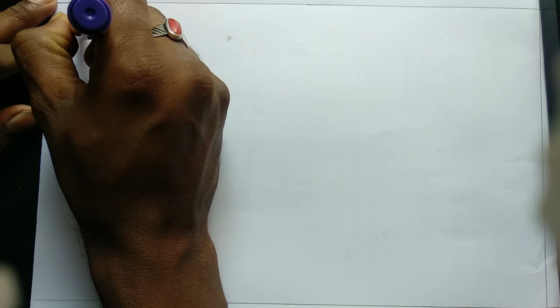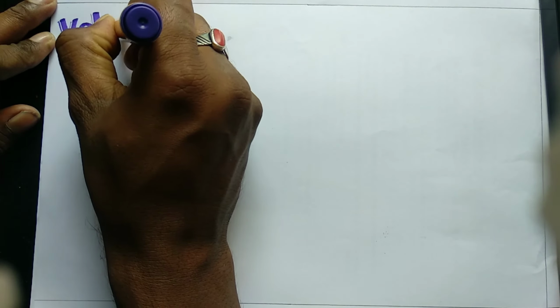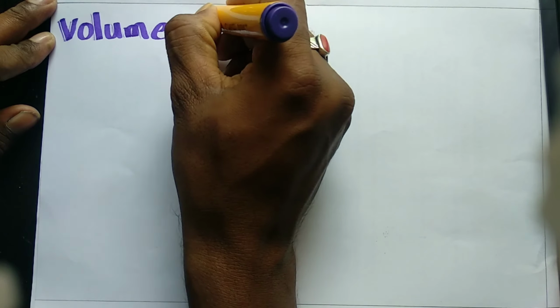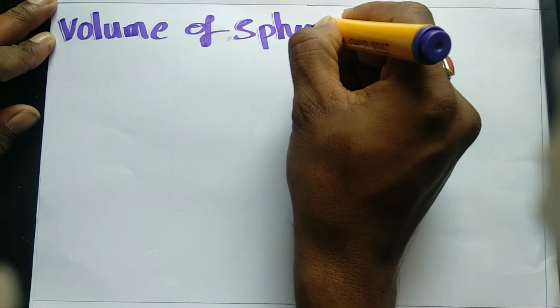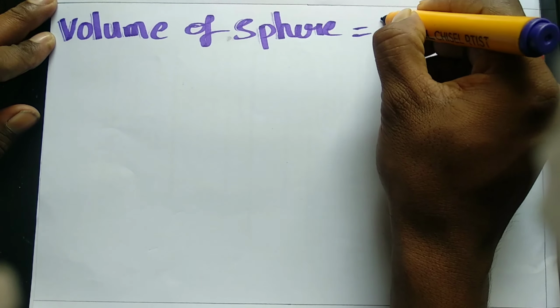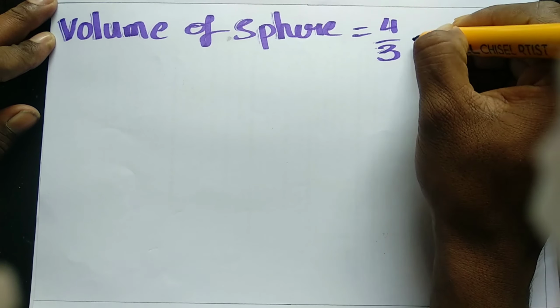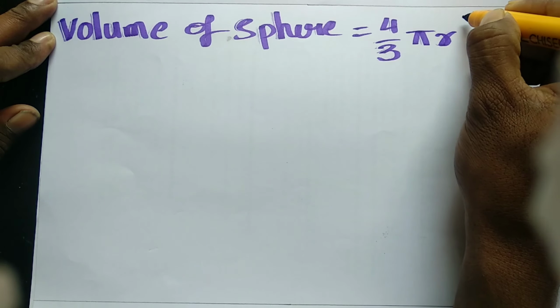So first, I am writing the formulas. Volume of sphere equal to 4 by 3 pi r cube.